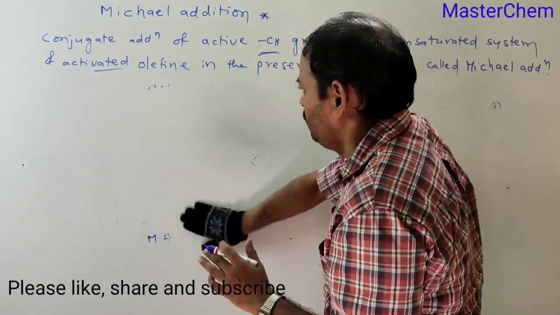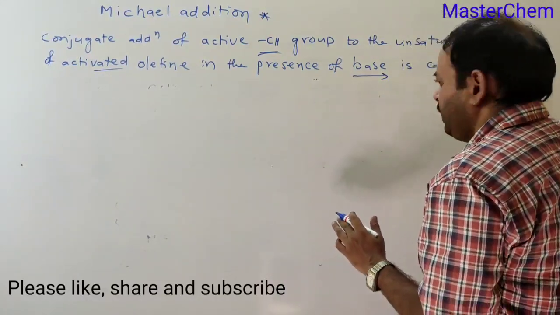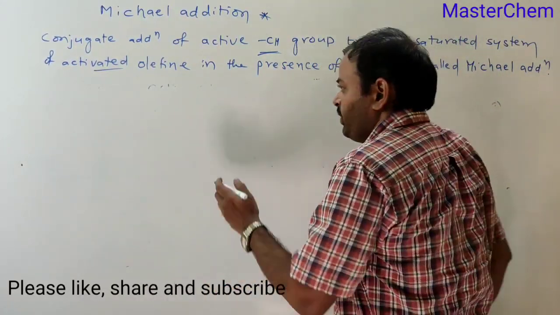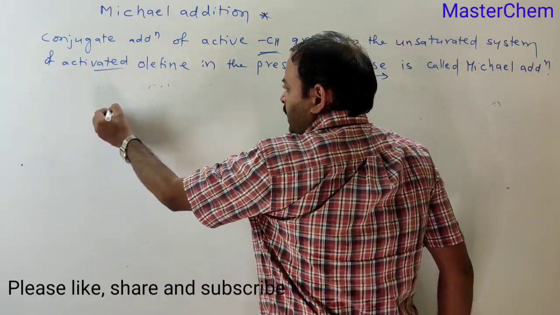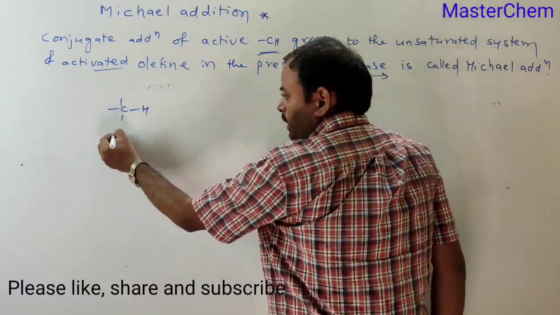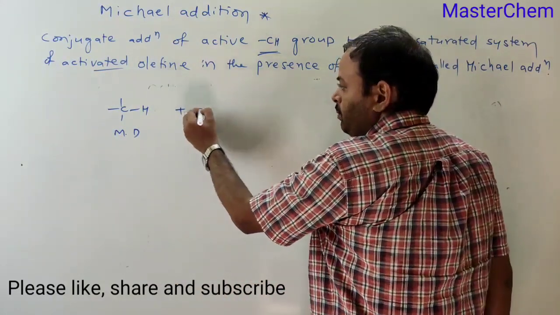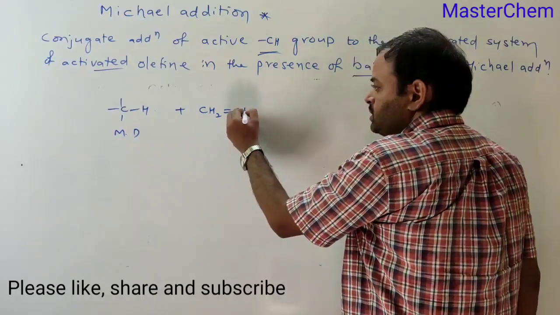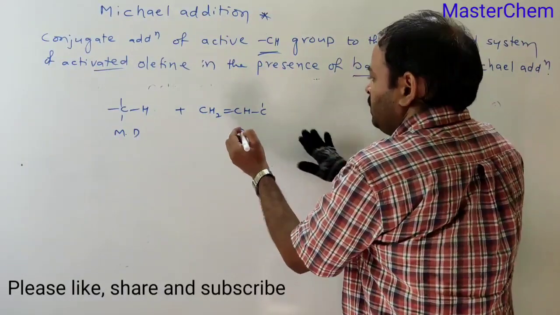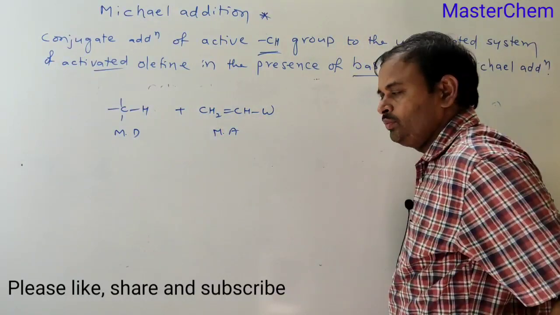Okay, now let us take a rough example. That is a CH activated compound, the Michael donor, an active methylene compound, plus CH2 double bond CH with a withdrawing group W. This is the Michael acceptor.